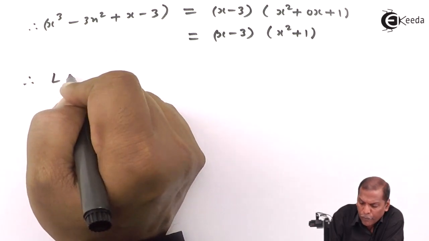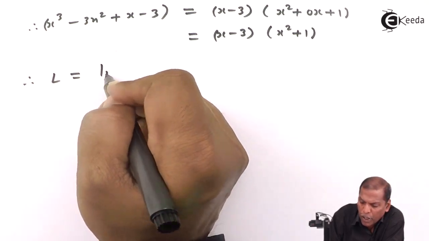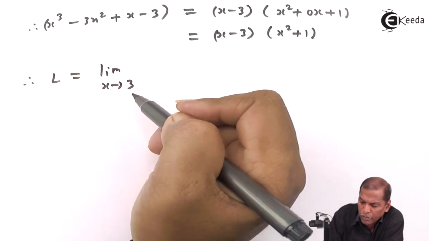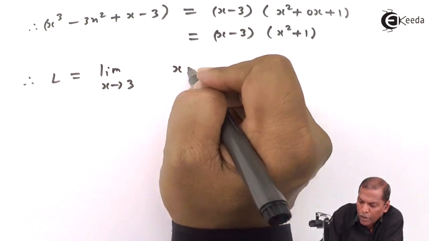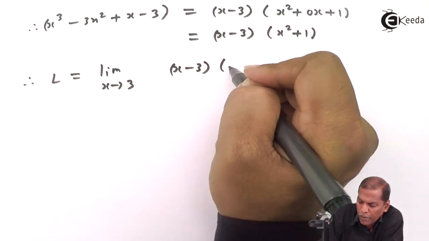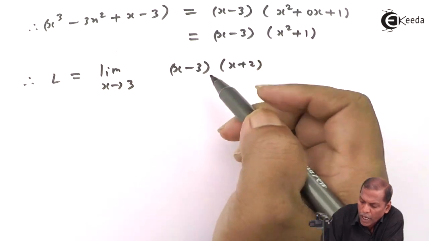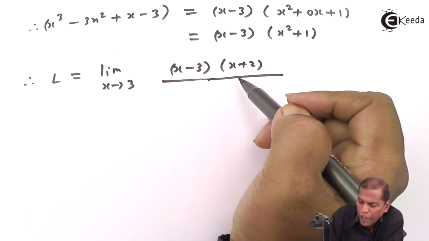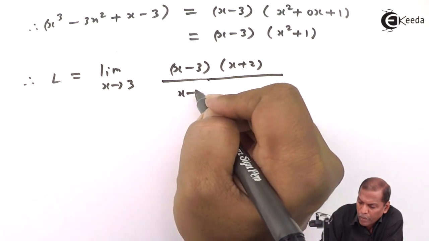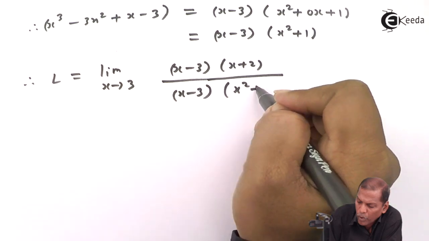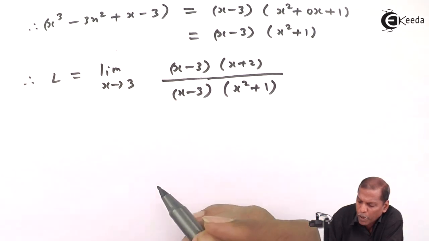Therefore the next step will be L is equal to limit x tends to 3. In the numerator we have (x minus 3) and (x plus 2), and in the denominator we write (x minus 3) into (x square plus 1).